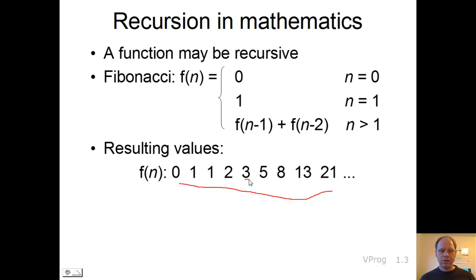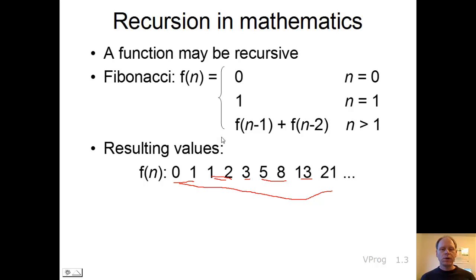So 3 equals 1 plus 2, and 13 equals 5 plus 8. Of course, we have a problem with the first few numbers because they do not have two predecessors. So we start off by taking the numbers 0 and 1.